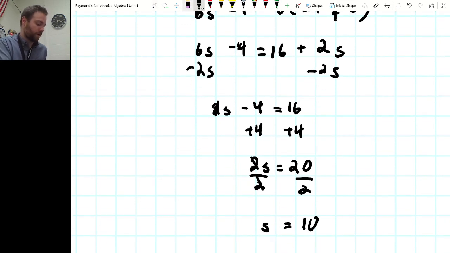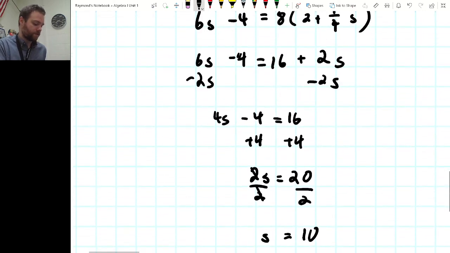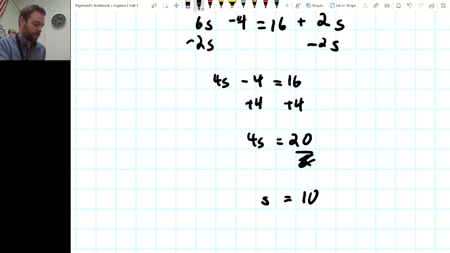And then I get 4s here. Add 4 to both sides. I'm still going to get 20. So then I've got 4s here. And then I divide both sides by 4. And I get s equals 5. My bad.